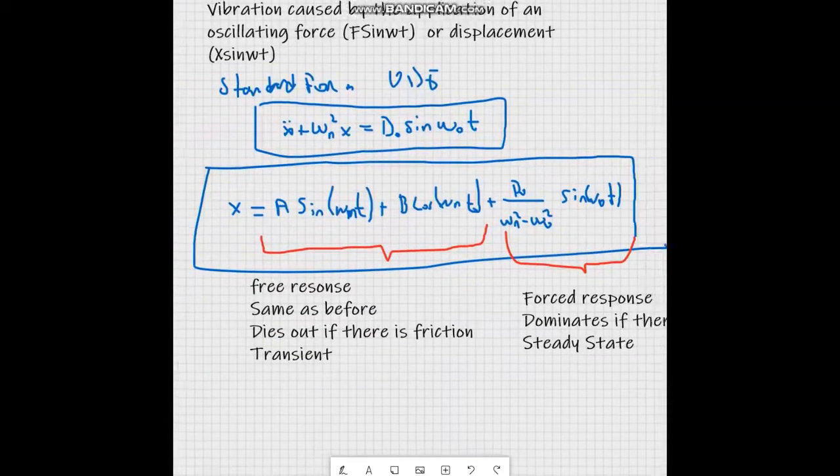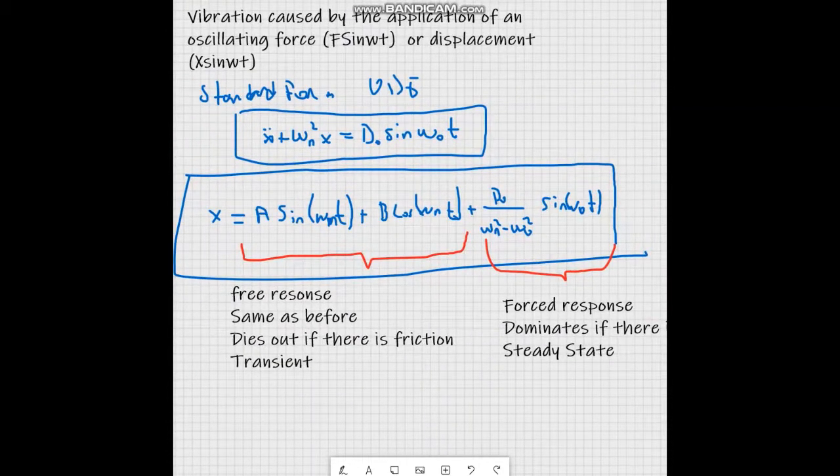Here, if there is friction, it's the same as before, like free vibration, it loses amplitude over time, and it's called transient. Okay.